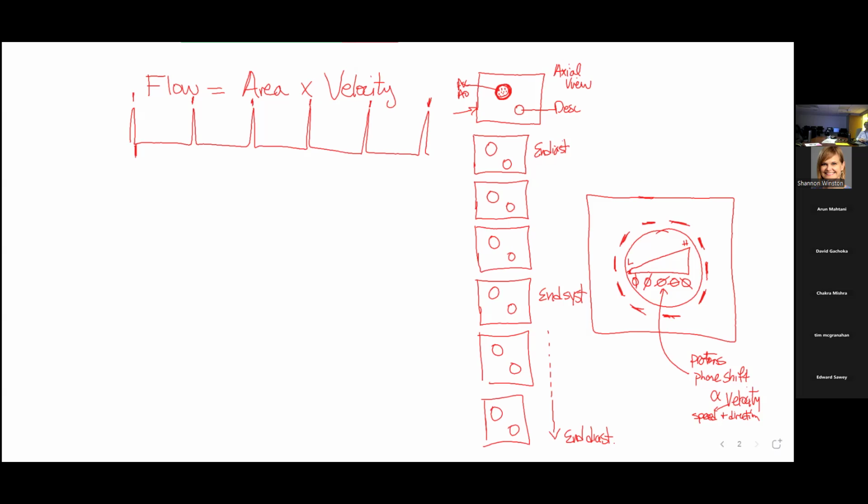But then in order to come back over here and get this velocity assessment, what we've got to do is create a situation where we can appreciate this higher velocity relative to the background.